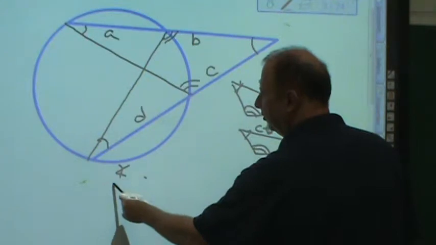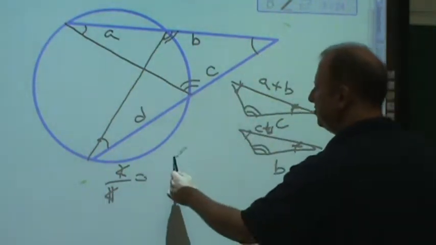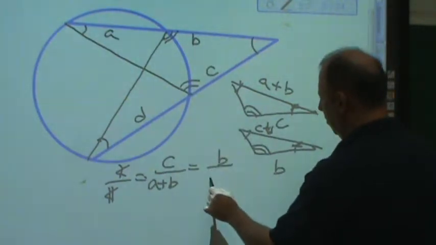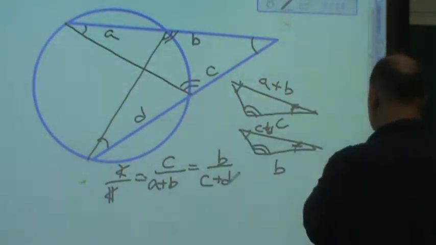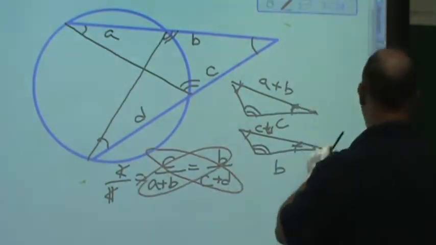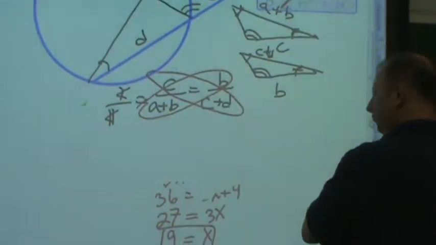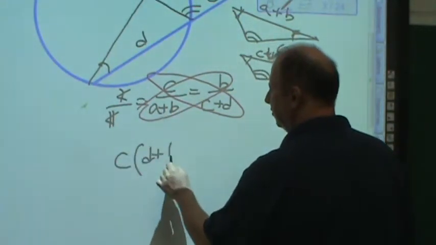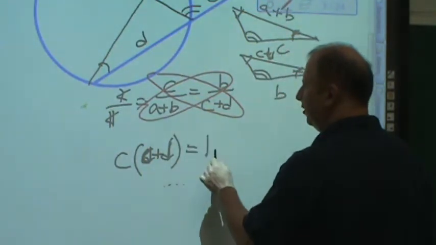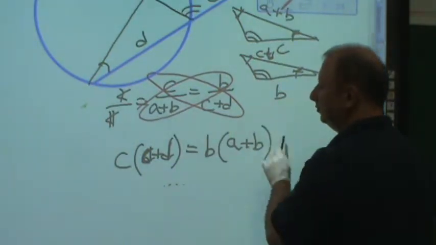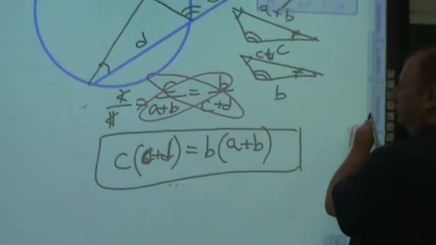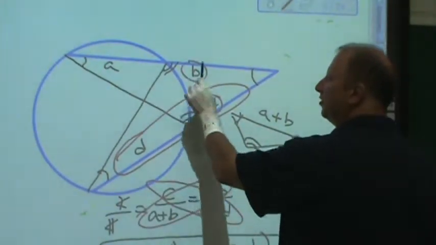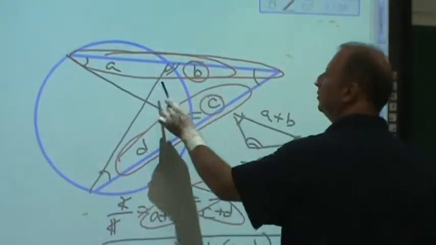Now if I set up the same proportion, opposite the 1 is C over A plus B, which is equal to B over C plus D. And if I work on this cross multiplication, I will end up with C times C plus D is equal to B times A plus B. So it is what we said earlier: we're multiplying this times that whole thing, which is equal to this times this whole thing, that whole side.